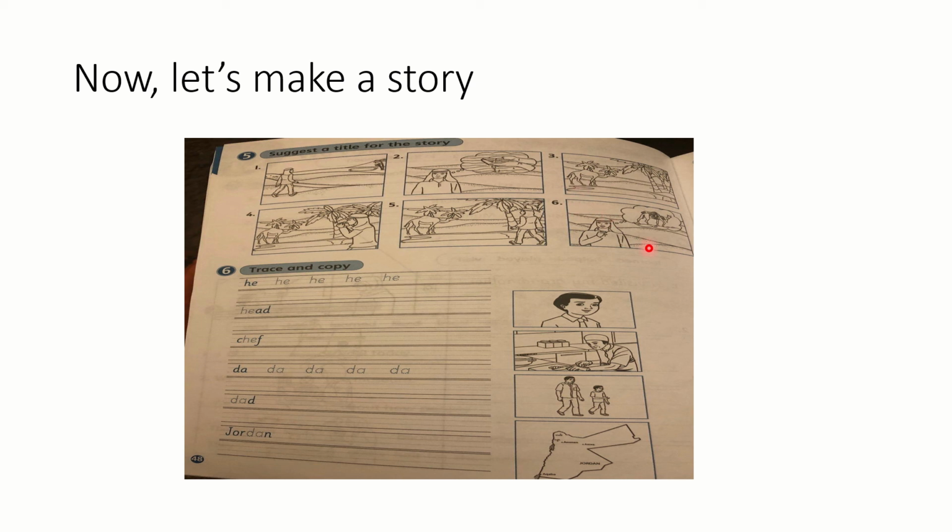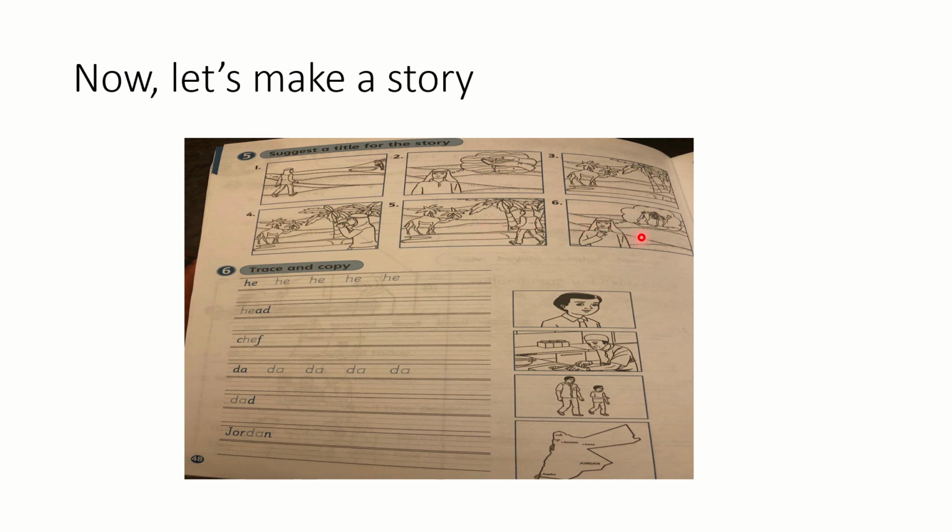Okay. Look at picture 4. Maybe he liked watching the camel. Yes. Look at picture 5. Can you see the boy here? Okay, he is walking. How he walked to the camel. Yes.